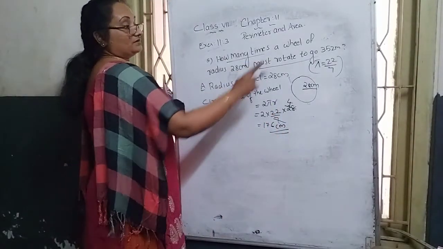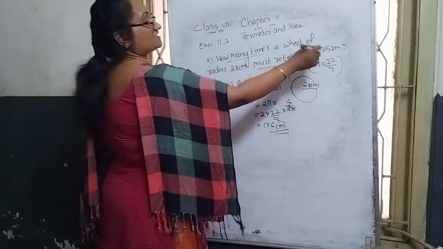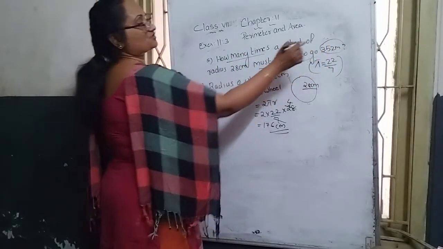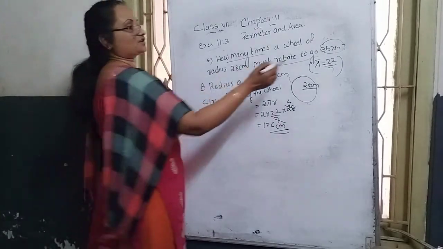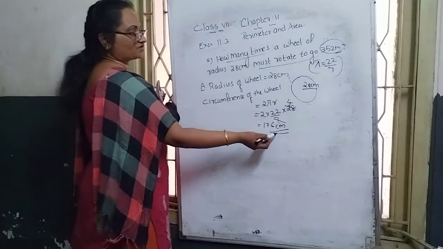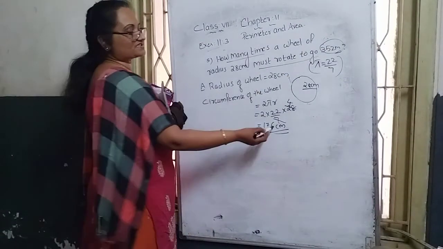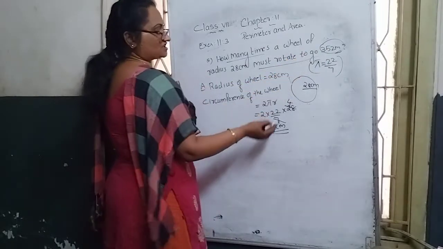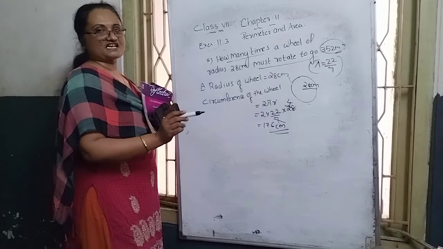Then we want to find the number of rotations. But before that, convert the units. The total distance, 352, is given in meter. The circumference of the wheel we got in centimeter. Both are different units, so make them the same unit.